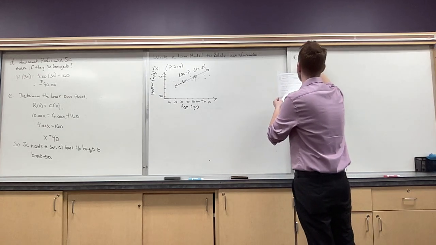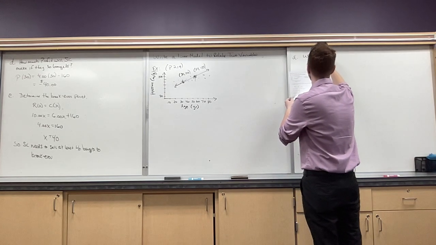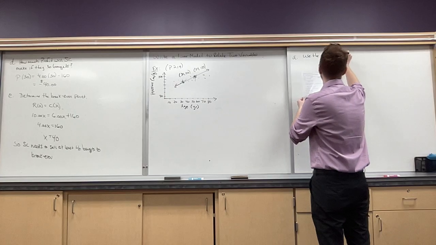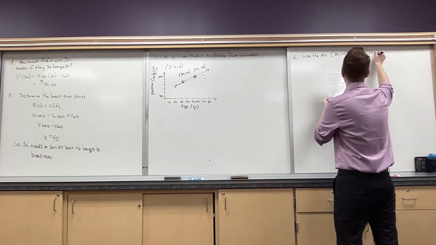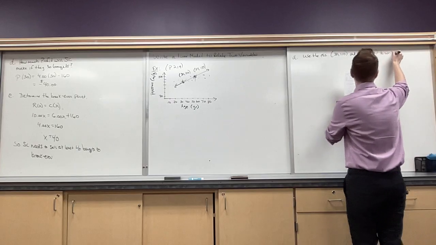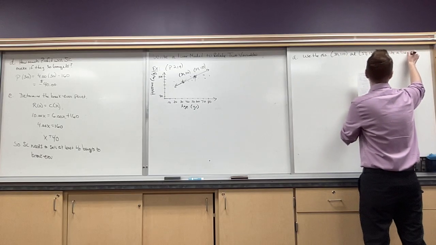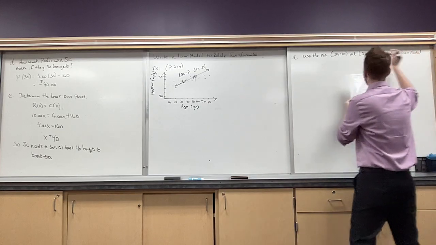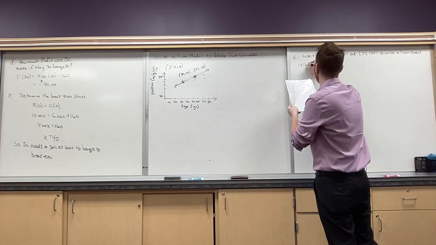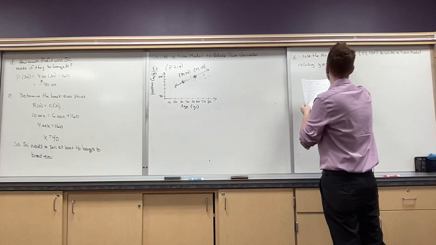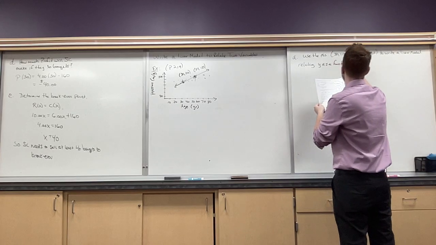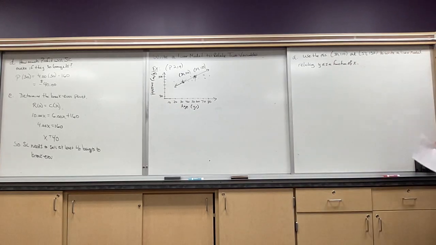So for part A, we're going to use the points, the 30 and 110 and 57 and 135, to write a linear model relating y as a function of x, okay? And again, I chose those 2 points because I thought it worked best.